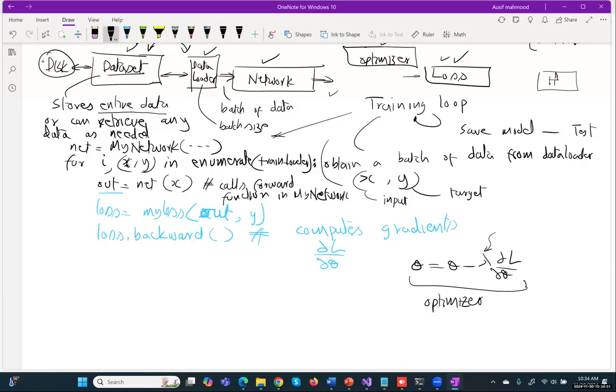So now you will simply say optimizer, that you had created earlier, dot step, okay? This basically updates the weights and biases.